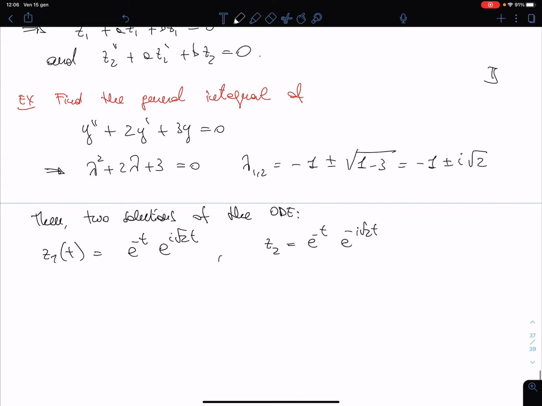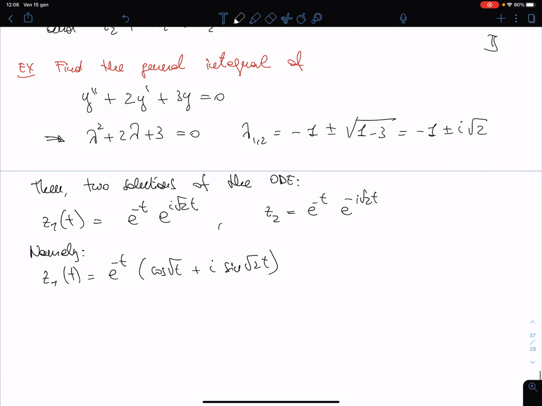Namely, by the definition of complex exponential, z1 is e to the minus t, cosine square root of 2t plus I sine square root of 2t, and z2 is e to the minus t, cosine square root of 2t minus I sine square root of 2t.